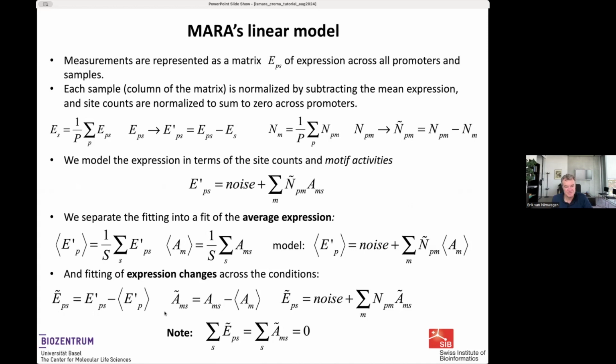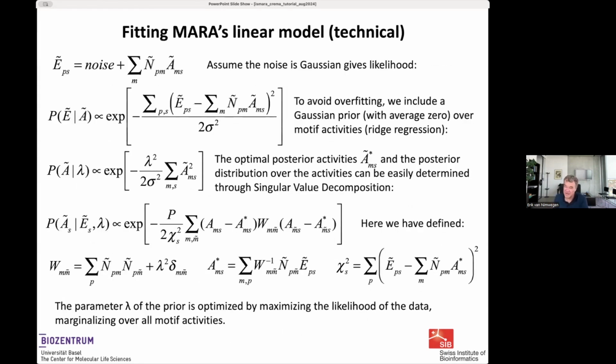And similarly, we define these motif activity changes, which is the activity of motif M in sample S minus its average activity. And so we finally model as a linear model this E tilde in terms of the A tilde. All right, and so the way this actually technically works, again, it's not very complicated. It's a simple linear model.